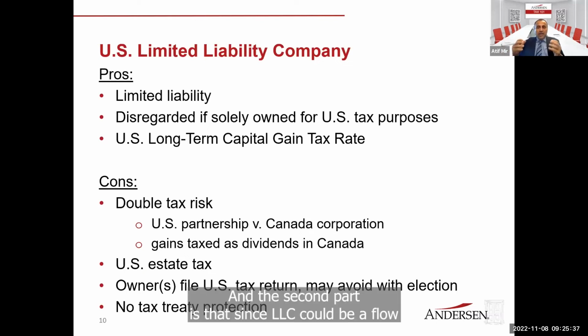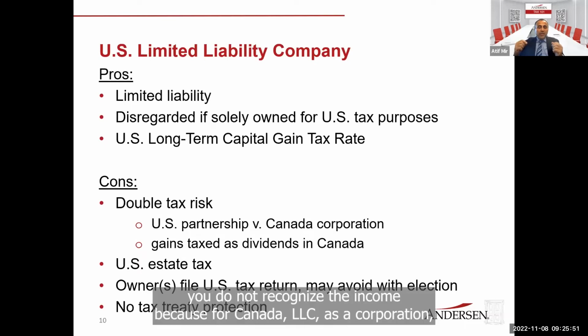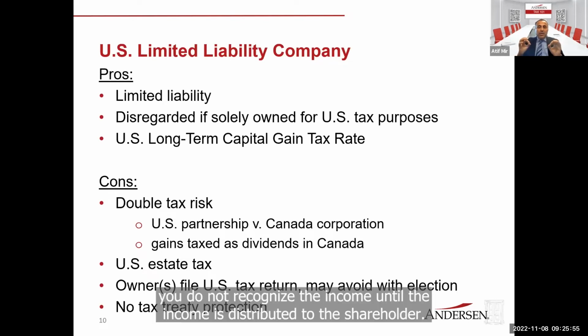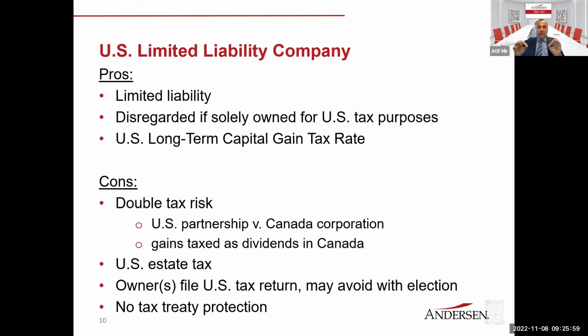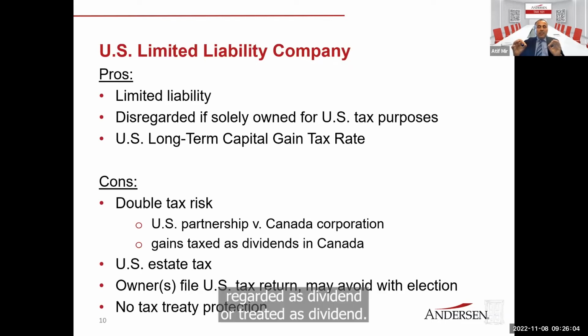So that's one. The second part is that since an LLC could be a flow-through entity in the US, for Canadian tax purposes, you do not recognize the income, because for Canada, an LLC is a corporation. You do not recognize the income until it is distributed to the shareholder, and that distribution is treated as a dividend.